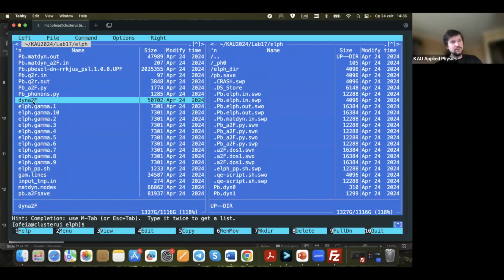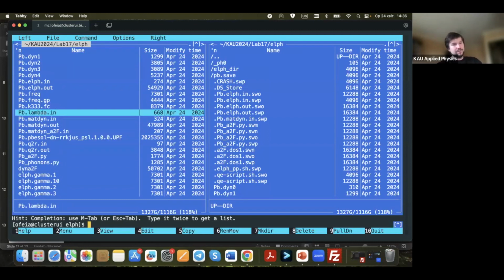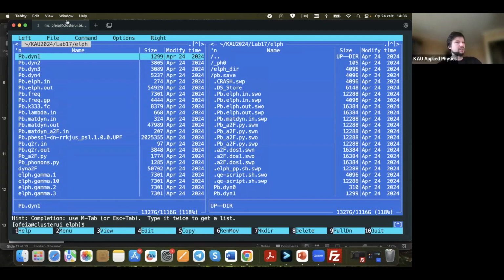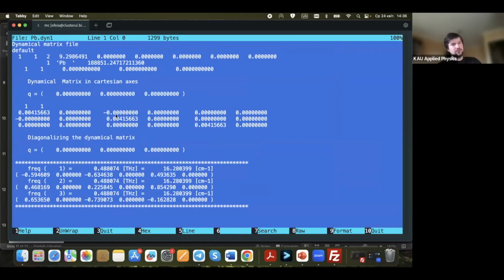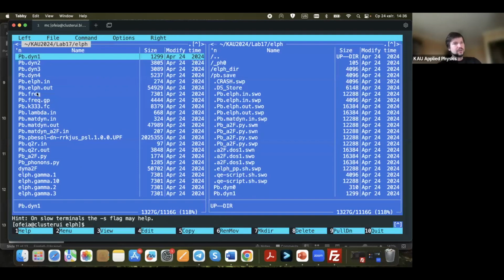Here we have a few new files. We have the dynamical matrix. So we have the dynamical matrix for phonons. It's a typical thing from our last lab works: dynamical matrix, these frequencies, and so on.